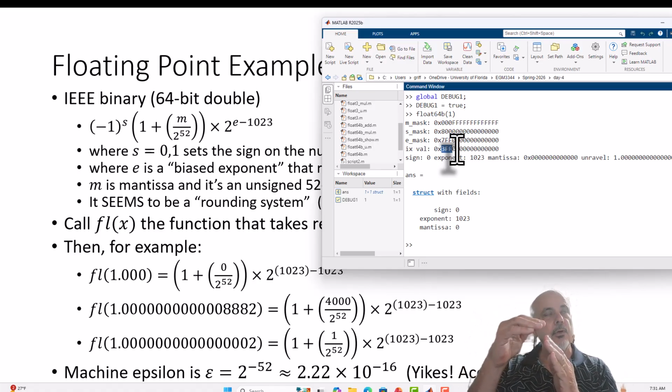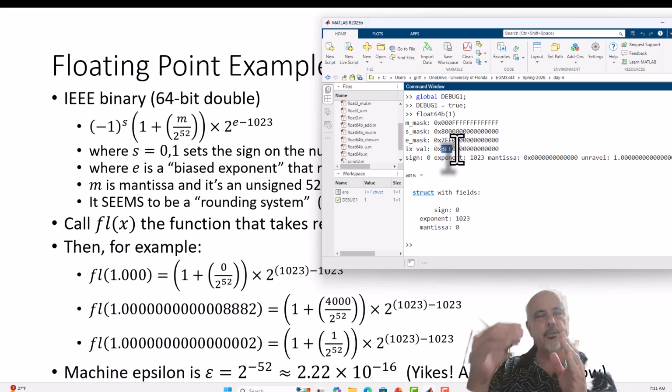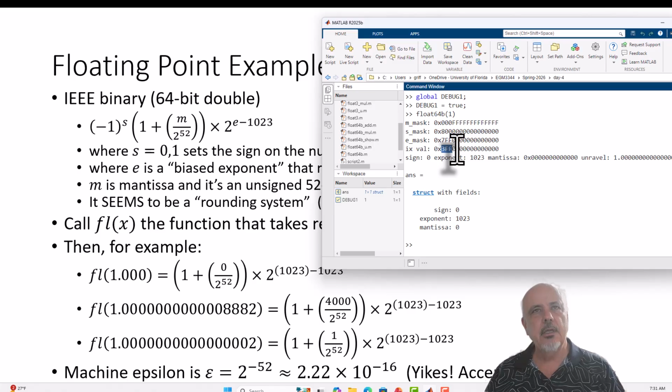So 400 is 2 to the 10th power, so it's 2 to the 10th power minus 1. 2 to the 10th power is 1024, so it's 1 under that. I see that, and I'm very comfortable with that. And the highest bit is actually 0. You can see the highest bit of that nibble would be 0.